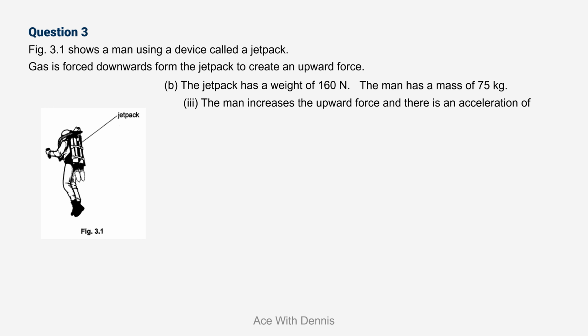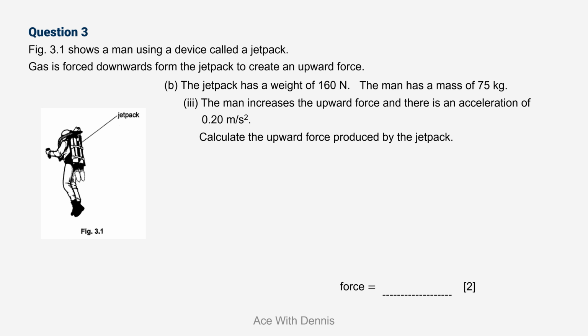Part 3. The man increases the outward force and there is an acceleration of 0.20 meters per second square. Calculate the outward force produced by the jetpack. 2 marks. For this case, since the outward force is increased, the resultant force will be unbalanced.